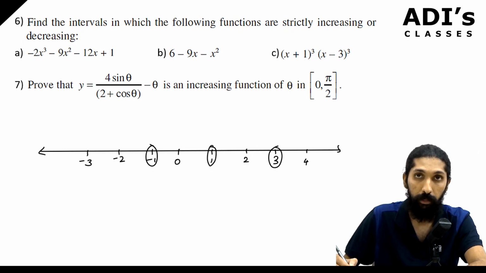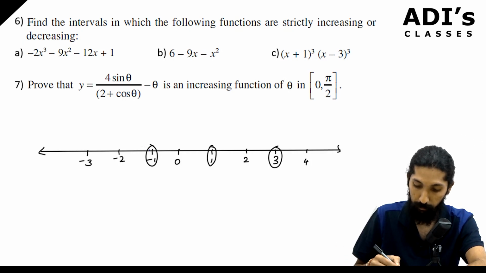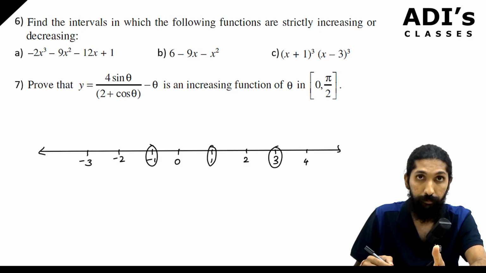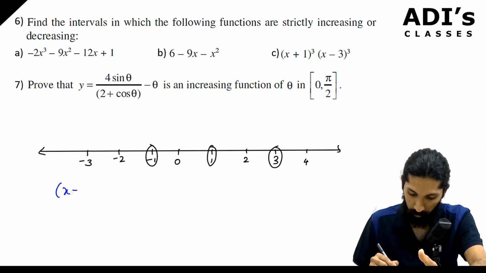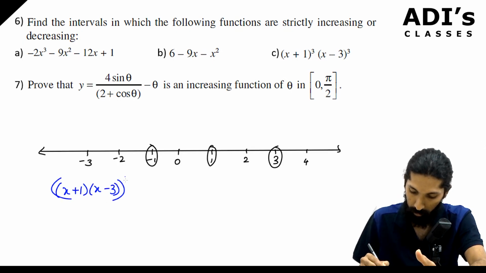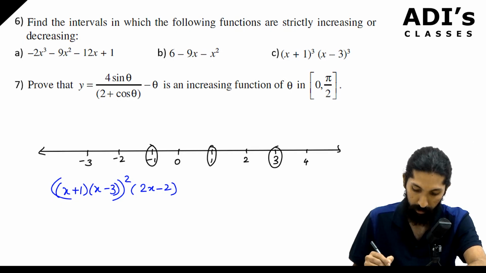Now when you're doing this, see what you're going to get. The first part, when you apply the value, you have x plus 1 into x minus 3 whole square into 2x minus 2. Apply a value of say x is equal to minus 2.